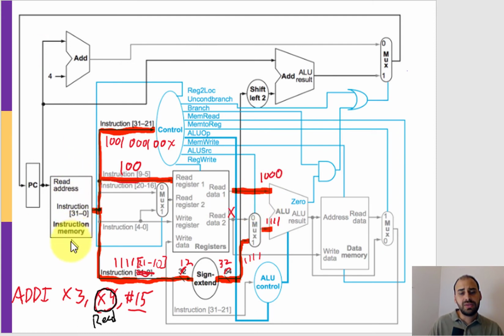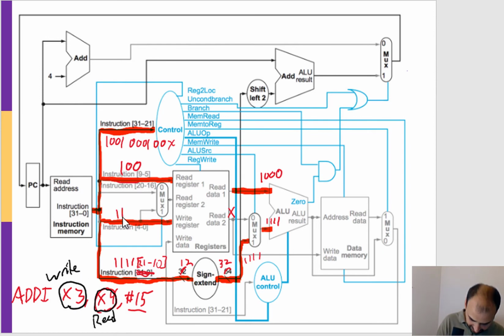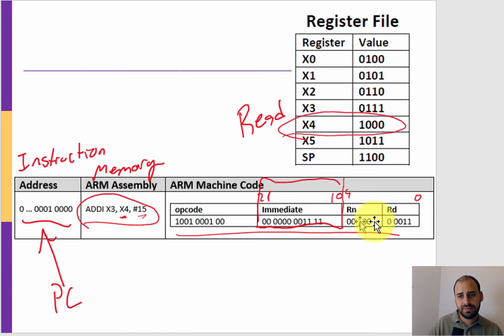So we also are writing to a register. We are going to write to register 3. This should be register 3, bits 0 through 4.